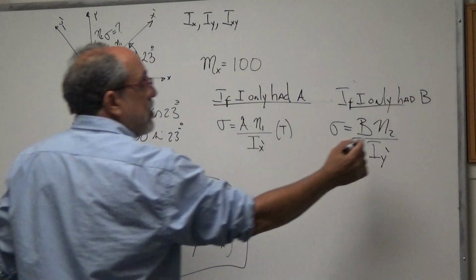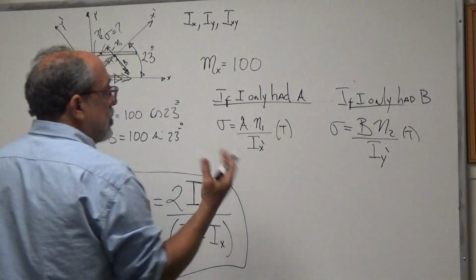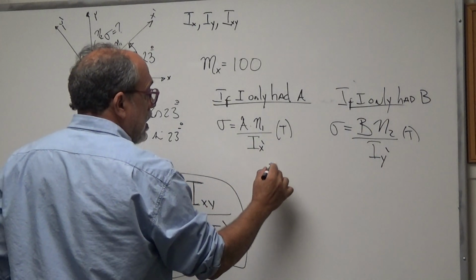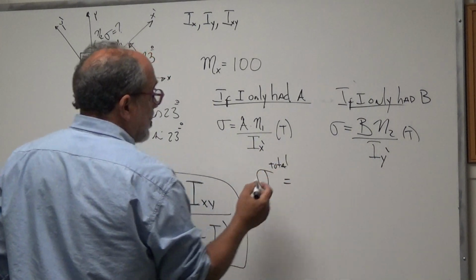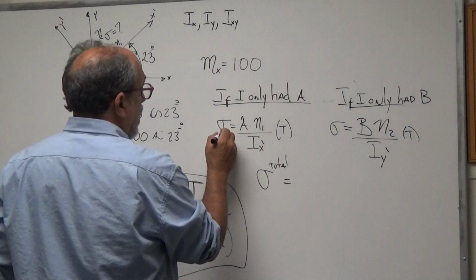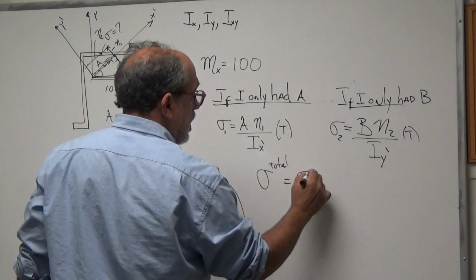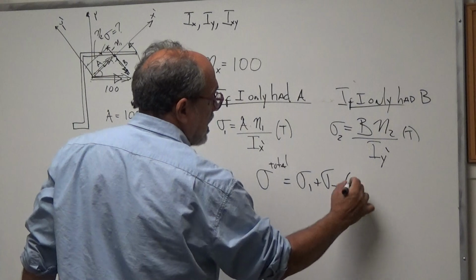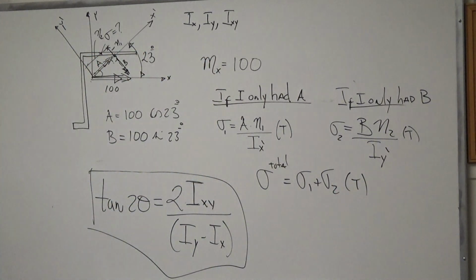And since that's tension, in this case I don't have to subtract, so the total stress, which is the answer, would be this plus this. If I call this 1 and 2, then it's just 1 and 2, right? And it's tension. Okay, so that would be the end of the problem.